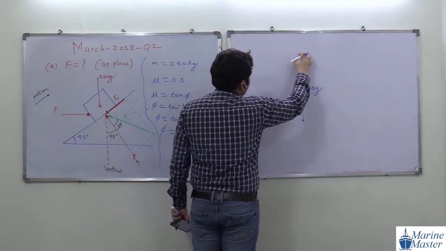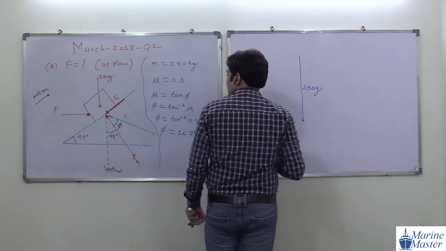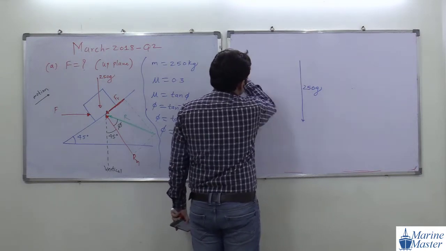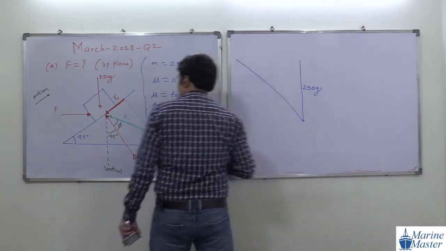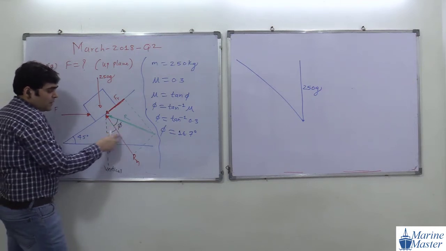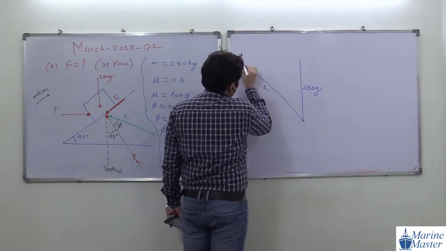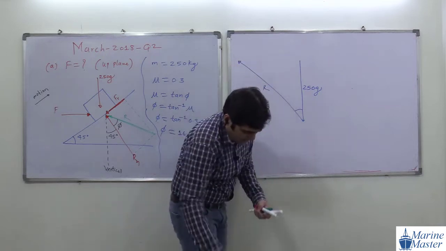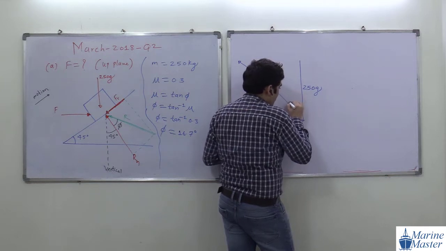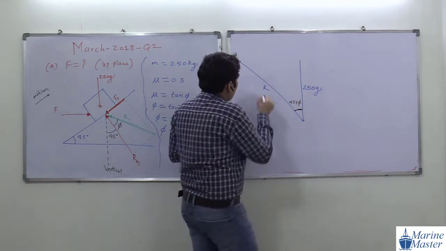Then, where our 250G ended, from that point we can draw our R. What is the angle of R with respect to the vertical in this scenario? It is not 16.7 with the vertical, it is 45 plus 5. So the angle of R with respect to the vertical will be 45 plus 5.